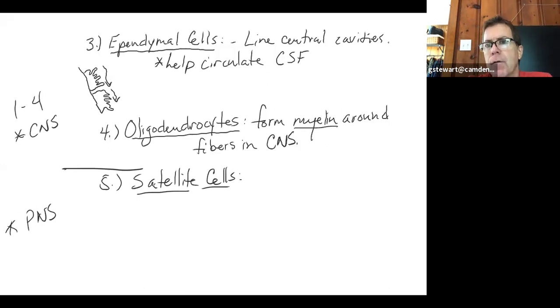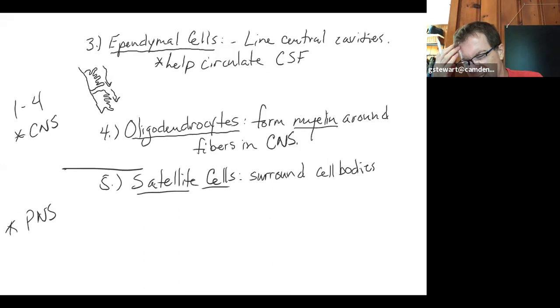So they surround neuron cell bodies, which are called soma, by the way, and I'll reiterate that when I go through the general anatomy of a neuron. But they surround neuron cell bodies in the peripheral nervous system, and they have a structural function, just like astrocytes. They also support and help form synapses.